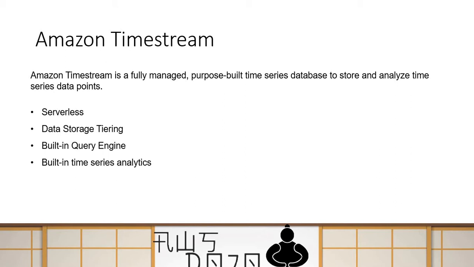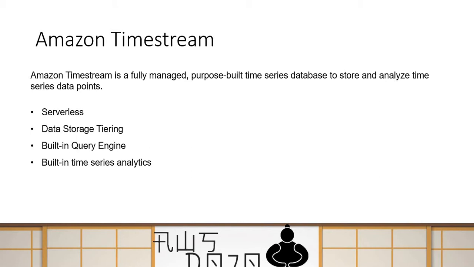Now, a few things which are important to know from this database point of view. One, it is serverless. That means you don't need to worry about sizing information or scalability of the server. You simply go and create a database and table and then simply use it. You really don't care about any kind of infrastructure management behind.